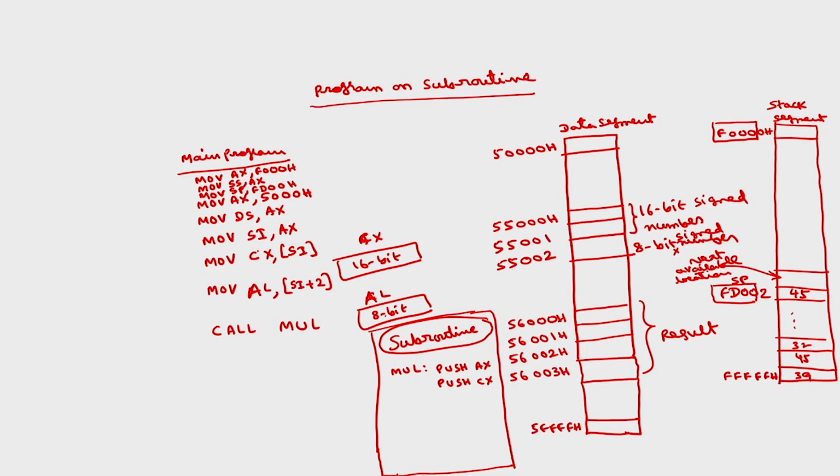So to convert this 8 bit AL content into 16 bit, we write CBW, so that the sign bit will be copied. Then AX will have this 16 bit number, which is the sign extension of the 8 bit number.